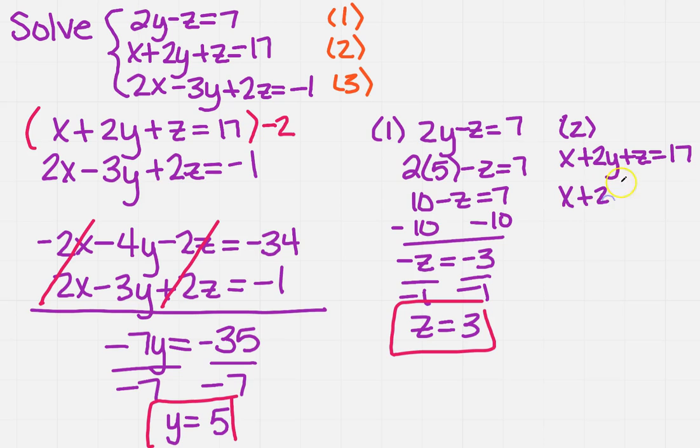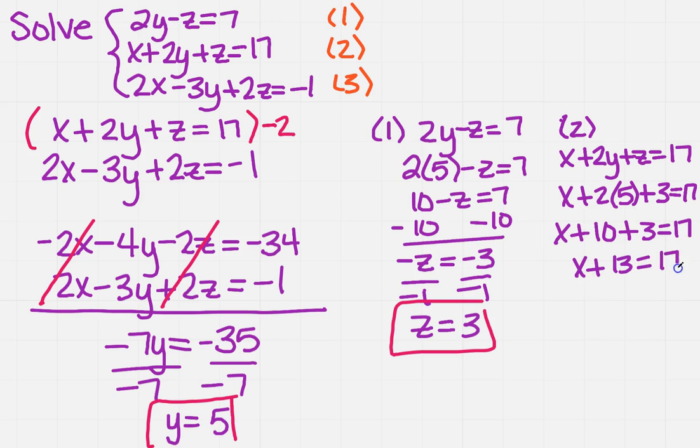We know y is 5 and z is 3, so I have x plus 10 plus 3 equals 17. x plus 13 equals 17. I subtract 13 from both sides, and I get x equals 4.